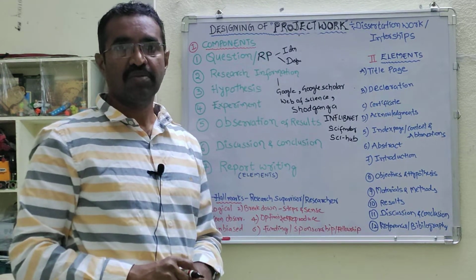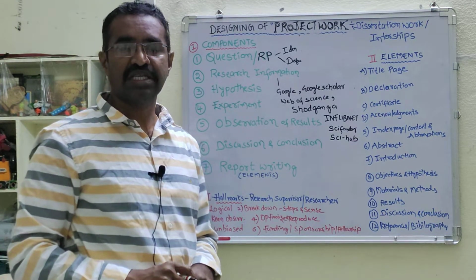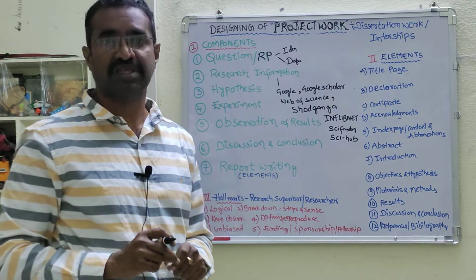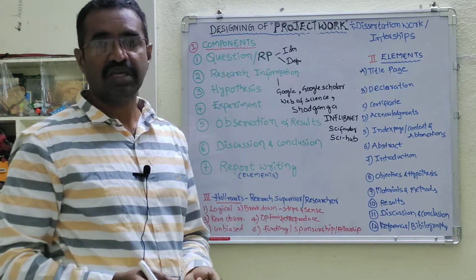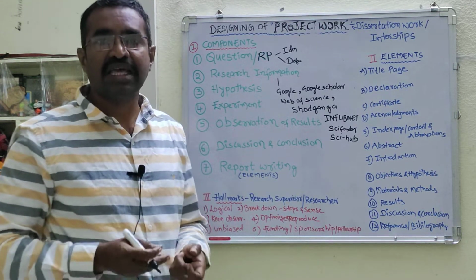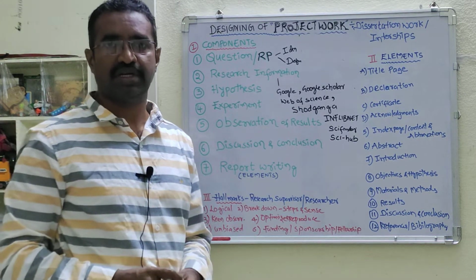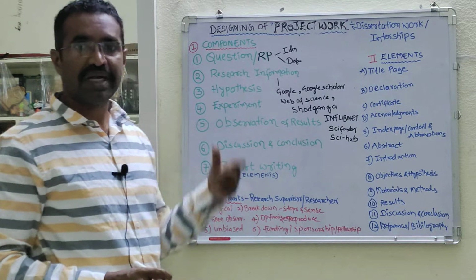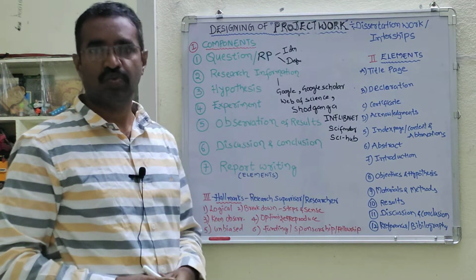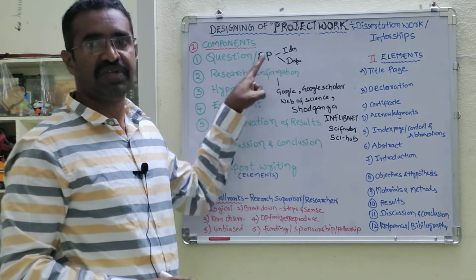Because before doing any project work, we have to see whether this research problem has been systematically approached by someone else or not. If someone has approached it, to what extent have they achieved results? This verification is very important while designing the project works. So the first one is identification of a research problem and defining it.